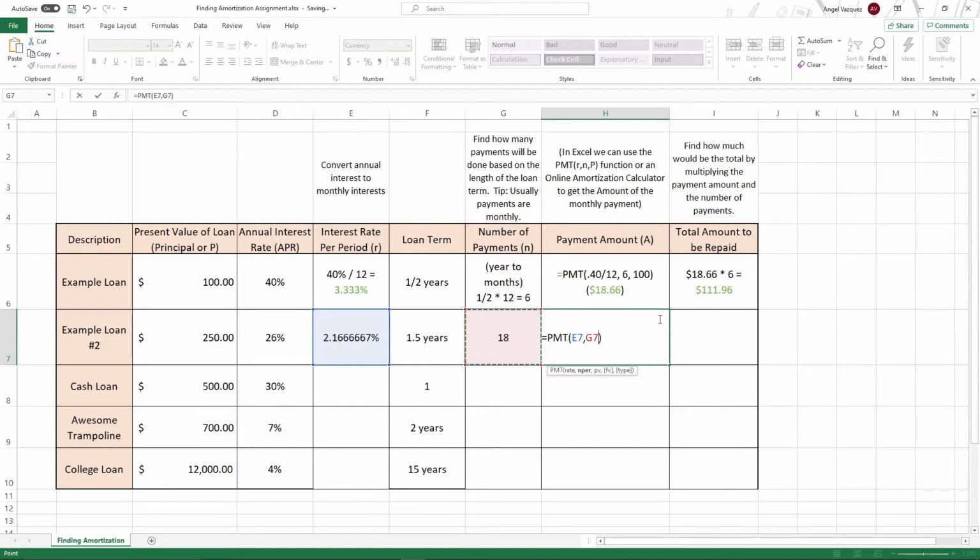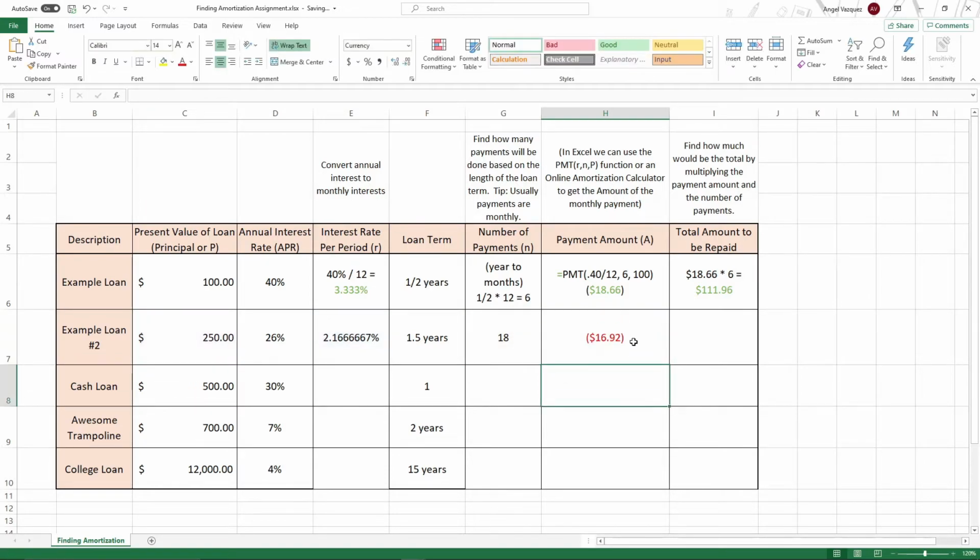Then a comma to separate it from the next variable, which would be P for principal, 250. Let's click on that, or let's write the number, whichever you prefer. I always prefer clicking on the cell. Why? Because I'm choosing a cell and not a specific value. So that would mean if I ever change the principal, so would the rest of the results automatically.